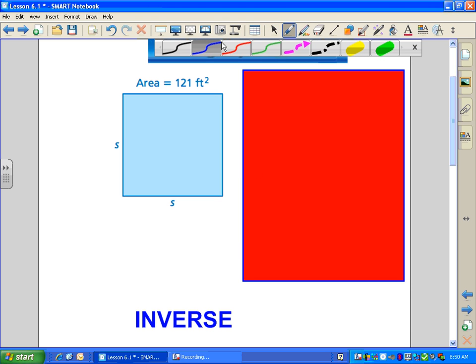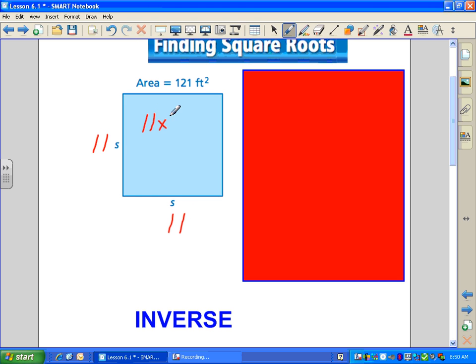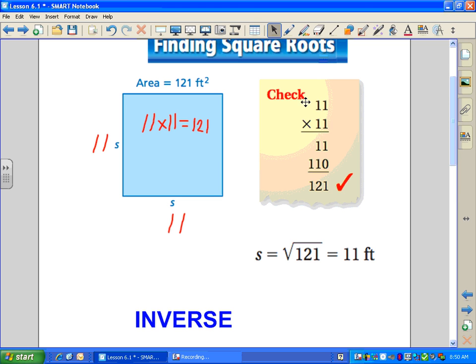One method you can do, ask yourself, what two numbers can you multiply to get 121? To check your answer, 11 times 11 gives you 121. 11 times 11 is 121. So now that we know each side of the square is 11.